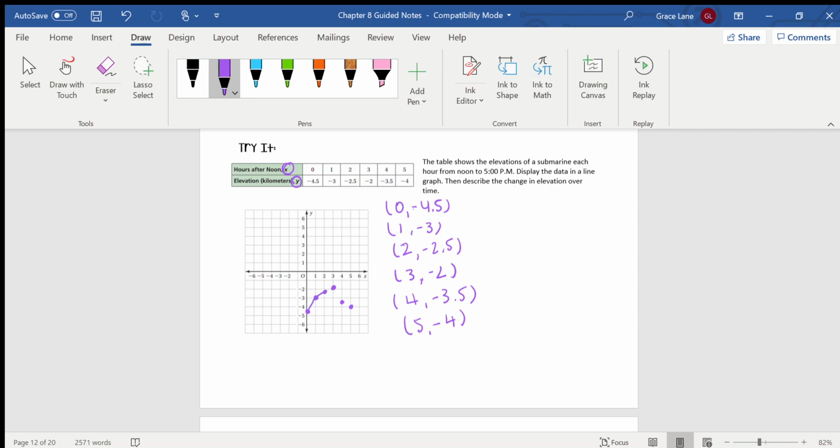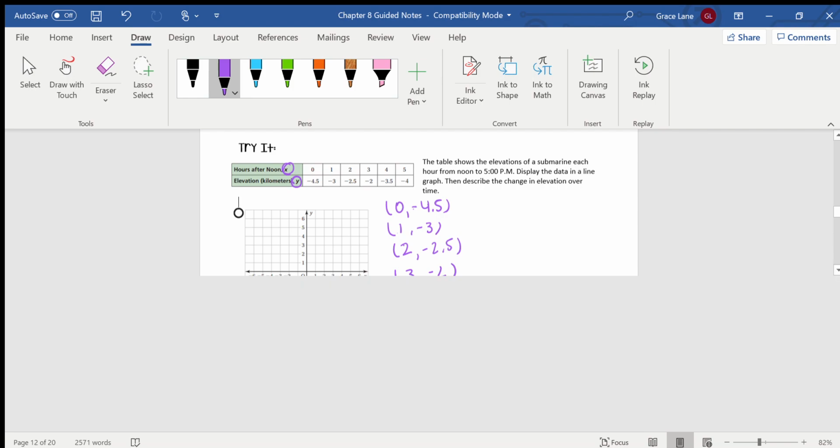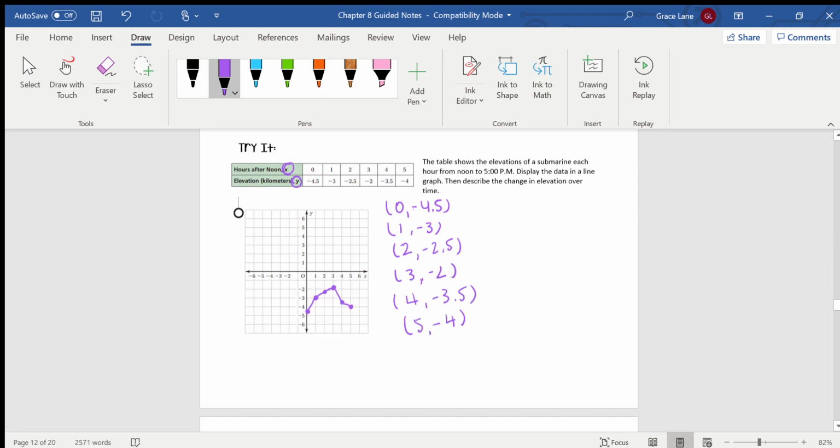Okay, so again, it will not be a really straight line because the change is not consistent. And so we are talking about elevation now. So you could say something like the elevation increased from noon, because that's when it starts.